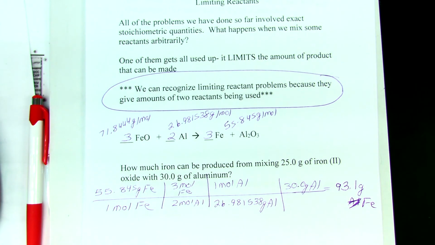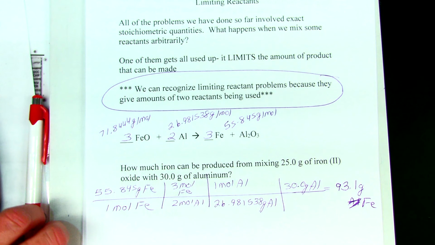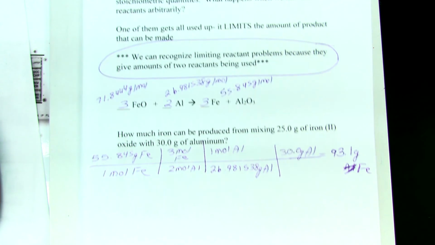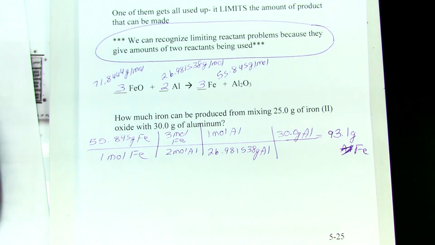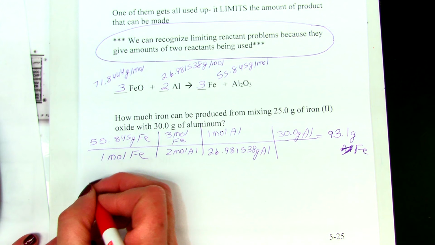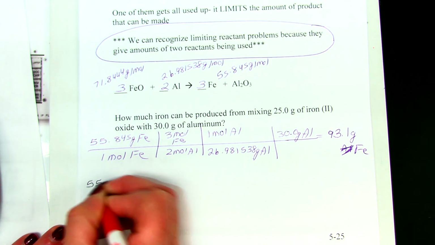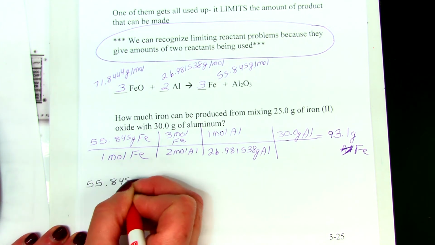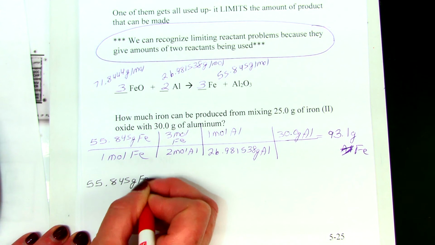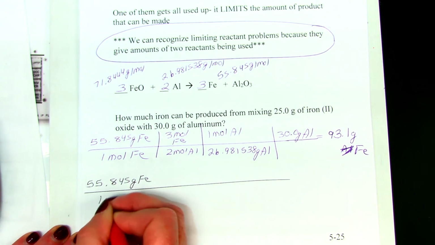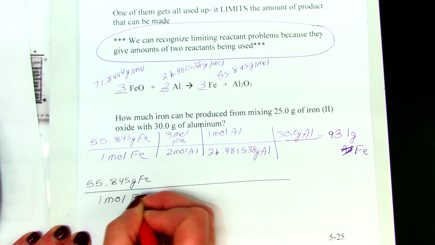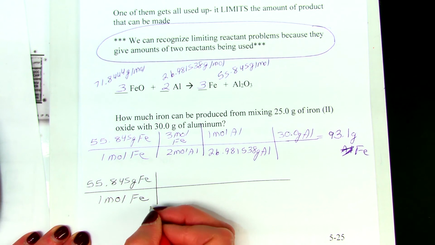Now I do the same calculation to figure out how much iron I can make if I use up all my iron oxide. So I start off the same way. 55.845 grams of iron is 1 mole of iron. But now I'm going to compare that iron to the iron oxide.